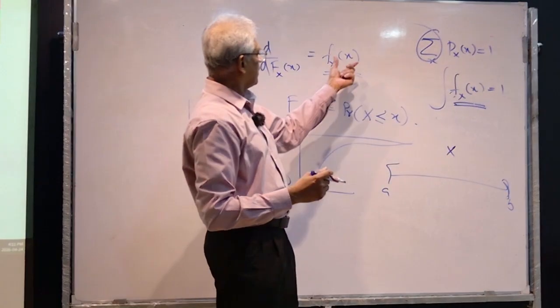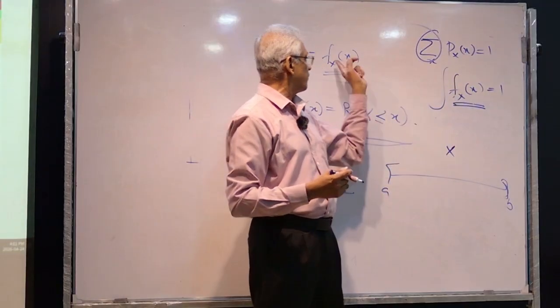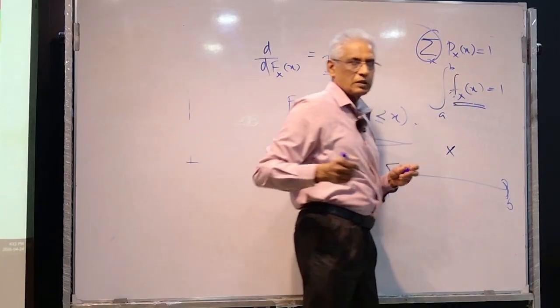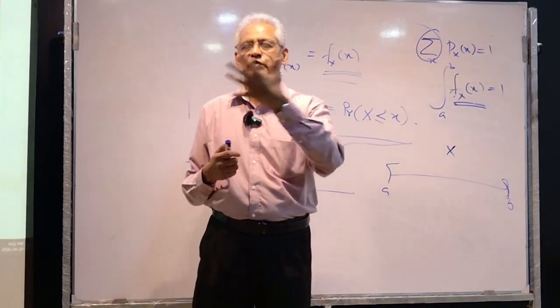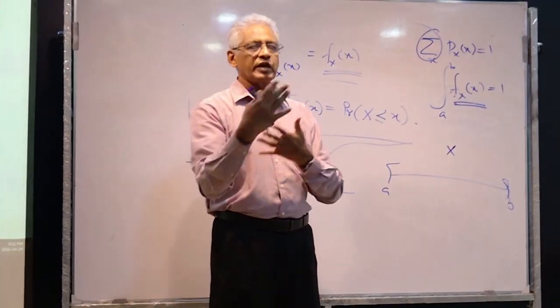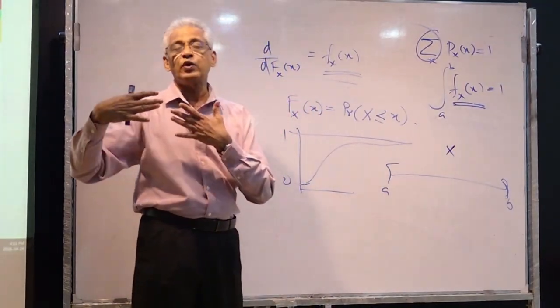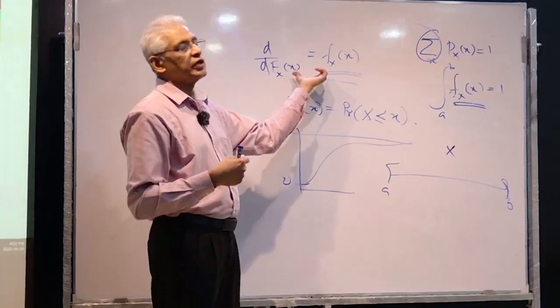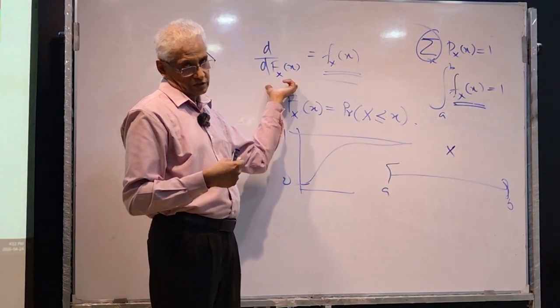Suppose, for example, there is a random variable that is in general between, say, a and b. In that case, the integral of f(x) from a to b should be 1. That is one requirement for the density function. The other requirement is that it should be greater than or equal to 0 for all x, and that will also be satisfied if you take f(x) to be this definition.